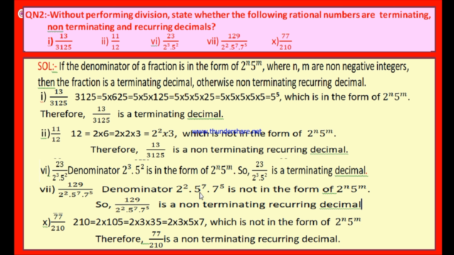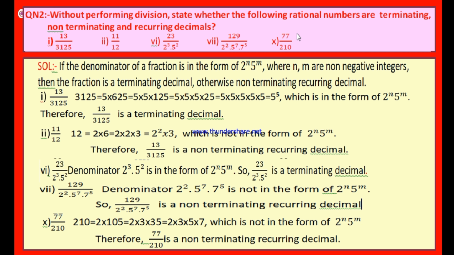Here even though 2 and 5 are factors, the 7 is also a factor in this. But except 2 and 5 there should not be any factors. But since 7 is a factor, the given denominator is not in the form of 2 power n into 5 power m. So the given fraction is non-terminating recurring decimal.